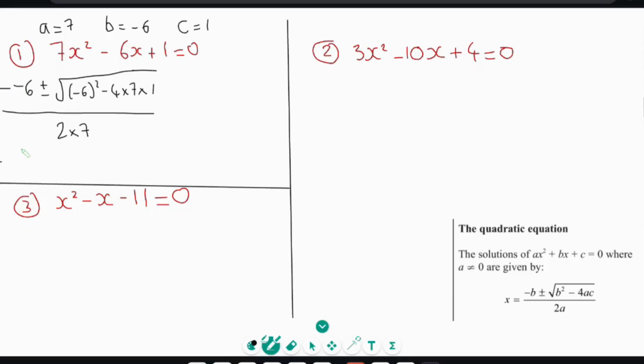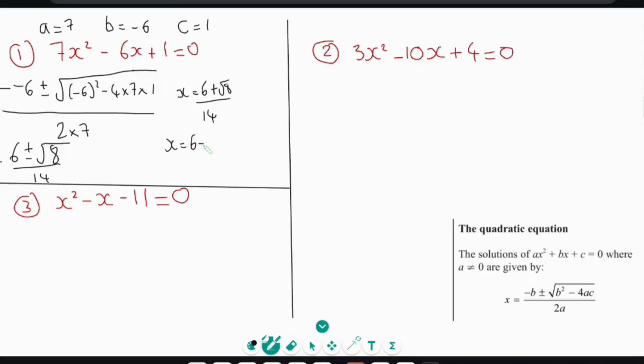The 2 minuses make a plus. Work out the bit under my square root. So -6 squared minus 4 times 7 times 1 is 8, all over 14. So one of my answers is 6 plus root 8 all over 14.